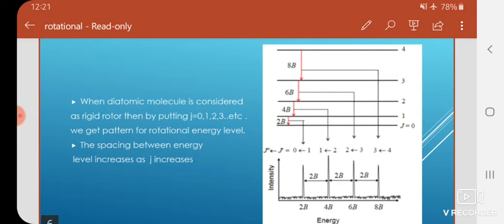Between J equal to 1 and J equal to 2, it is 4B. Similarly 6B, 8B, and so on. So we get a pattern for the rotational energy levels, and the spacing between the energy levels increases as the rotational quantum number increases.